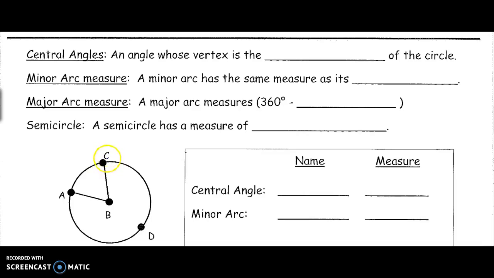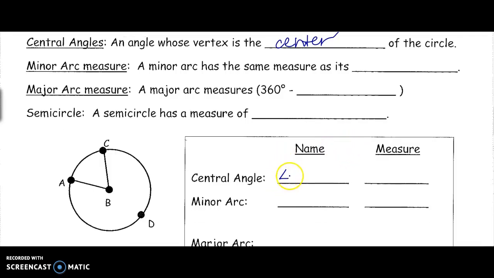When you have two radii that form an angle, it's called a central angle, an angle whose vertex is the center of the circle. And it forms this minor arc. So this angle here, we're going to say central angle ABC.